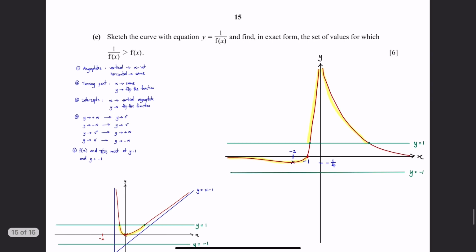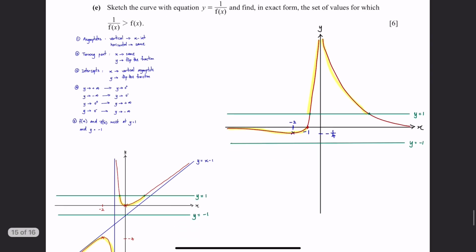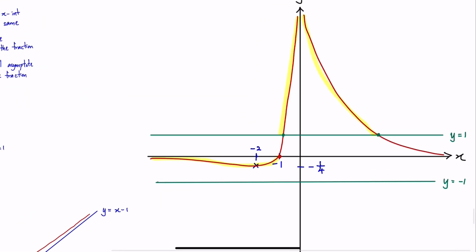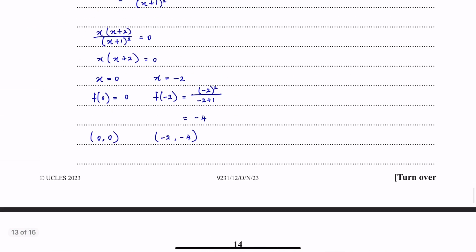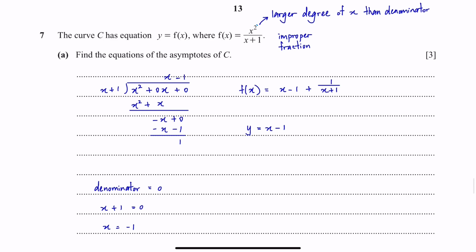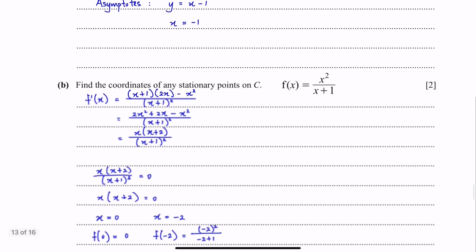And now we need to find the set of values that satisfy the inequality. So we need to find the x coordinates of these points. Okay, how do we do it? We just equate this to 1. So x squared over x plus 1 equals 1.